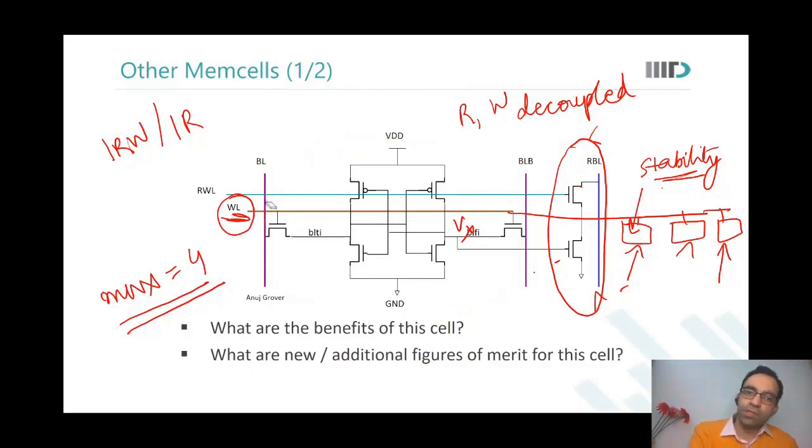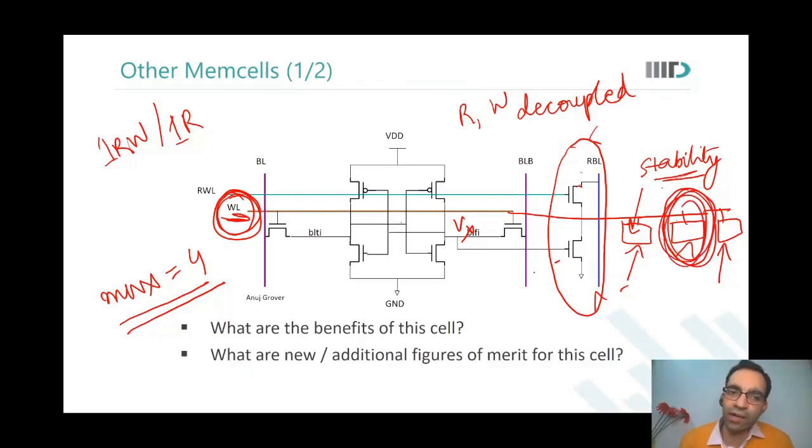Yes, sir. So if I am using this as one read write, one read memory, then I could actually be writing on this word line and also reading from this port. Can it happen? I might be writing into this cell and reading this cell. So RWL is also selected and WL is also selected.